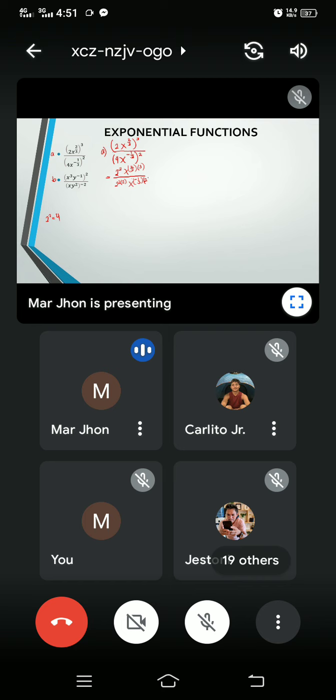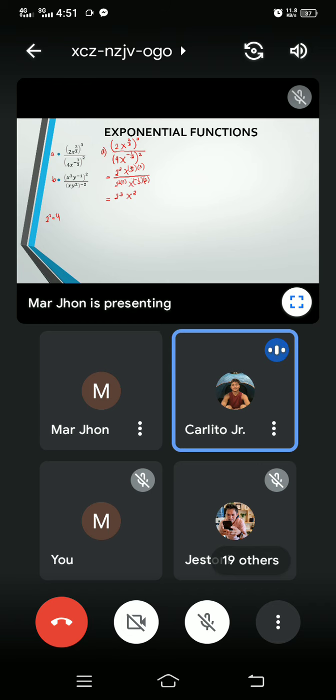So times 2, negative 1/3 times 2. Right? So it's equal to 2 cube, then kani x. So i-multiply, so cancel 3. So mahimo siyang 2/3 times 3 is 2. Right?